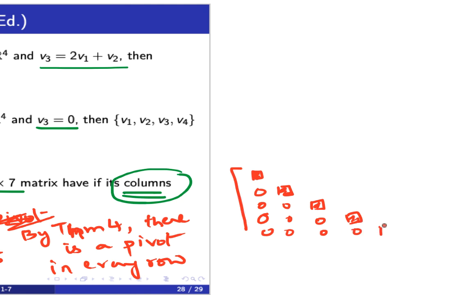And then the last one also has a pivot, since there is a pivot in every row. Pivot means a non-zero entry in a non-zero row. Now it has 5 rows, but how many columns? 7 columns. So for the rest, we don't care what the values are, but there are going to be more of them, up to the 5th, 6th and 7th column. That's how the matrix will look.